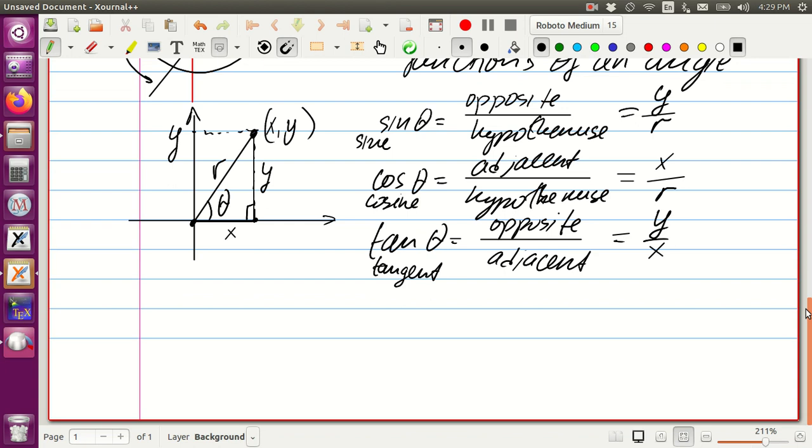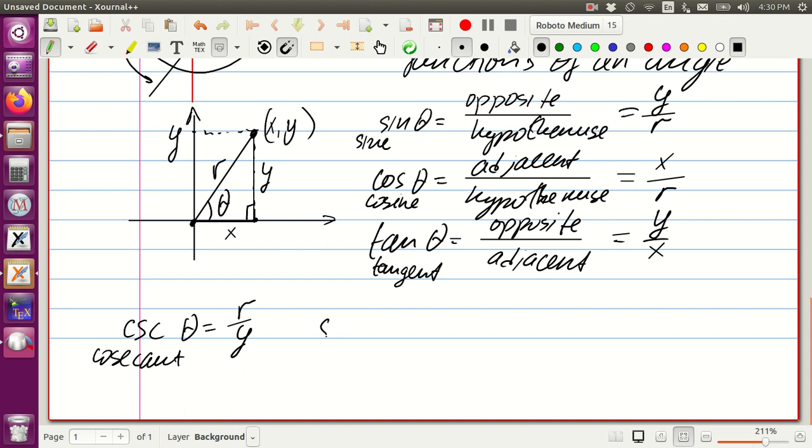And now we can define cofunctions. Cosecant of theta, by definition, is the reciprocal of sine, so it's r over y.